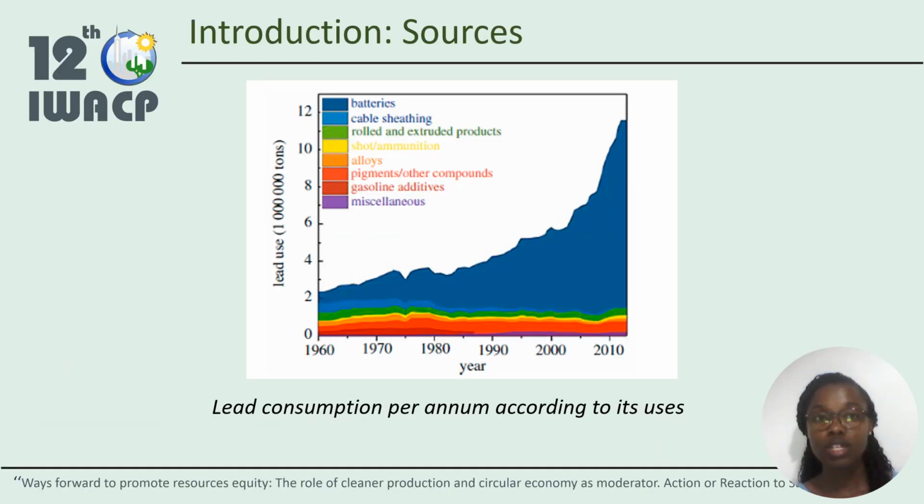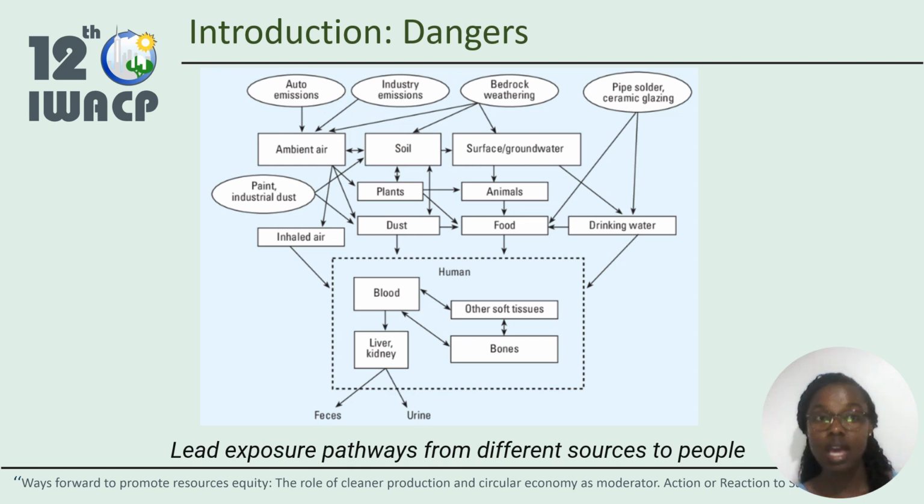The use of lead across various industries has shown an overall increase over the years, exponentially so in the manufacture of lead-acid batteries. Lead finds its way into the environment through various anthropogenic activities. Human exposure occurs by ingestion of contaminated food or water, or by the inhalation of dust particles.